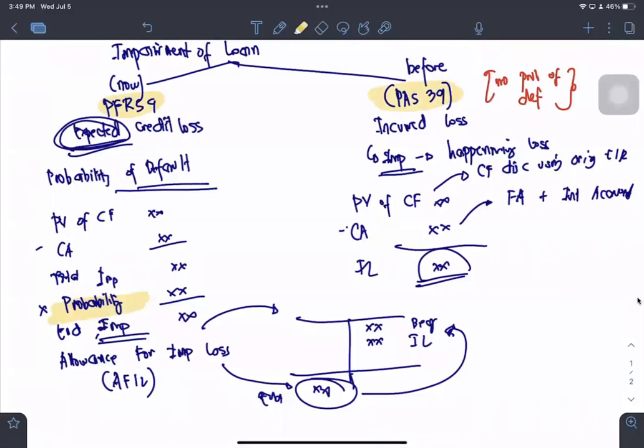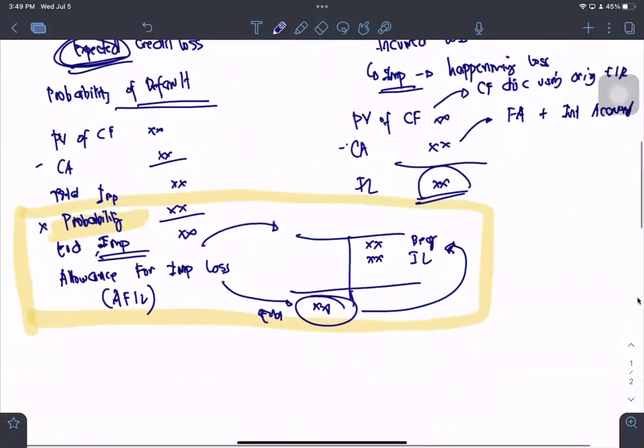Again, use PFRS 9 if there's a probability of default; if there's none, we still make use of PAS 39. Actually, they are almost the same, with the difference being only the inclusion of a probability of default and the inclusion of your allowance for impairment loss.